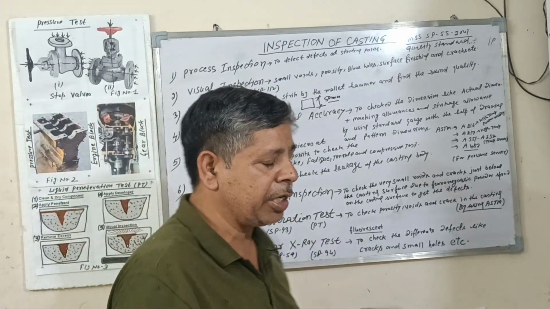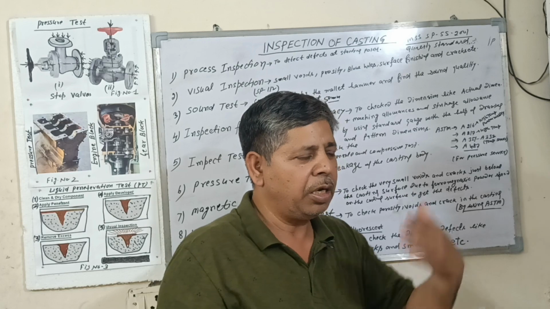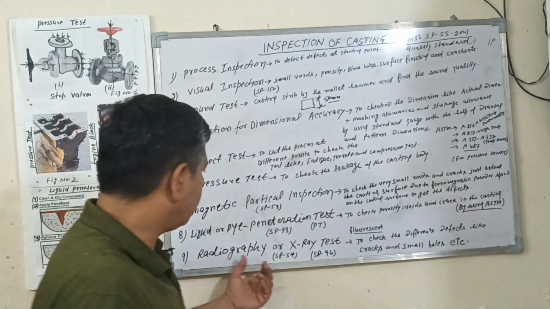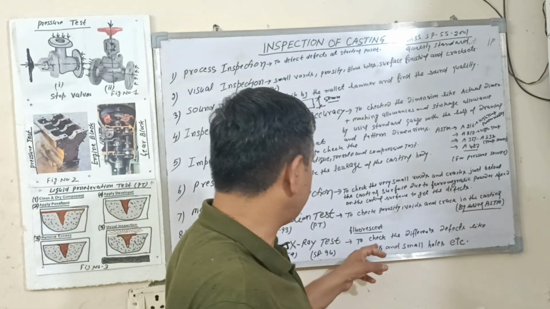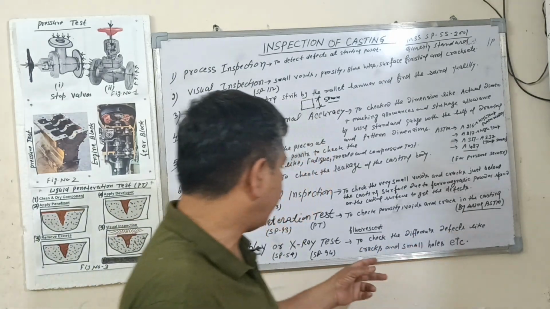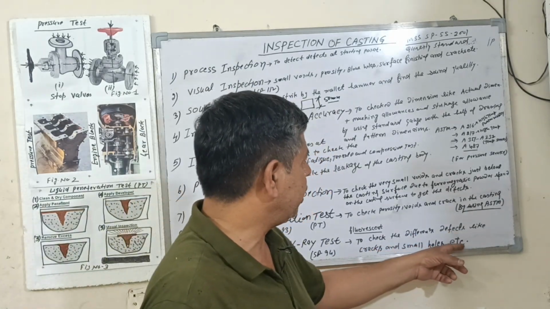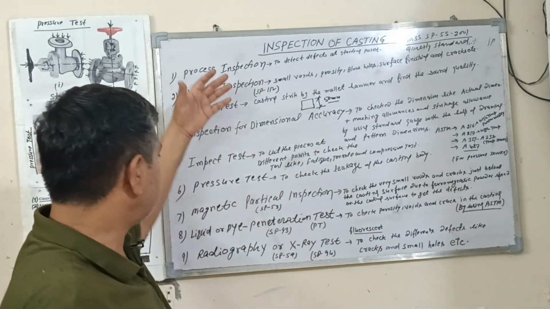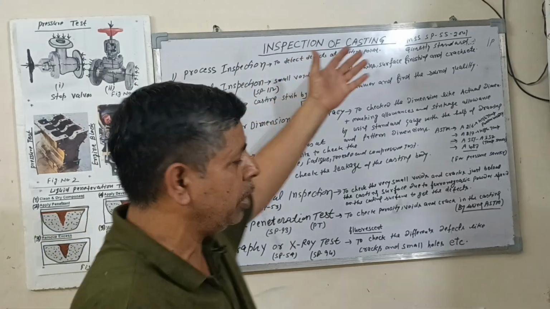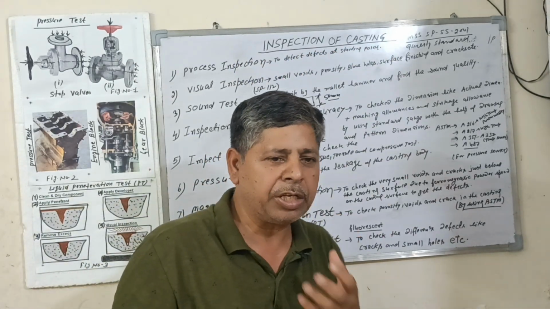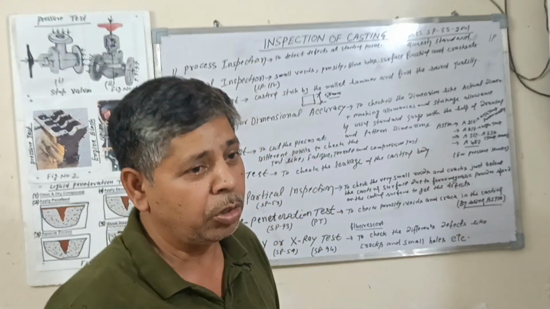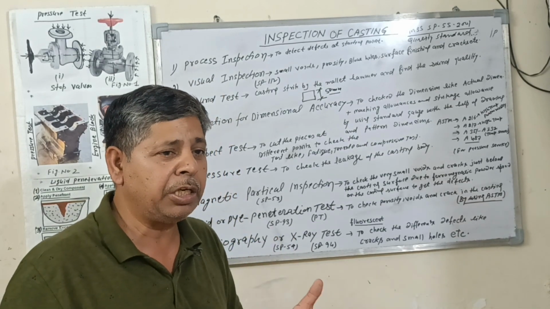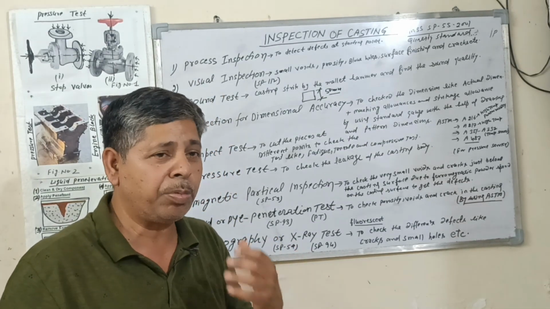In radiography or X-ray test, you make the image on a screen, and you check the different defects like cracks and small holes, etc. So these are the processes for the inspection of the casting. Inspection of the casting plays a very important role in reducing cost and improving the finances of the company.